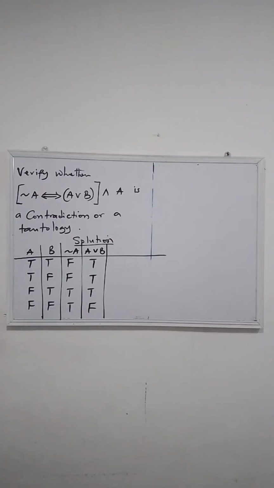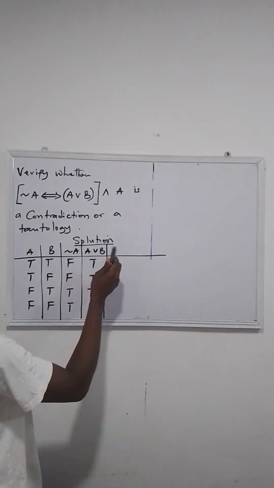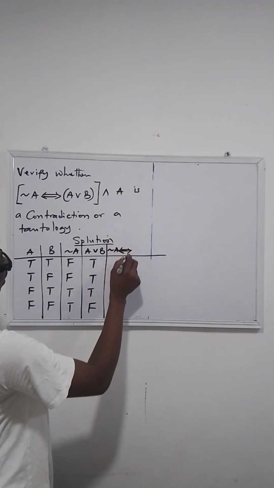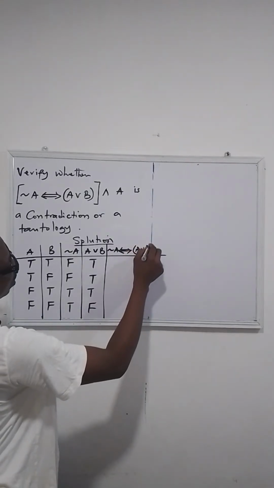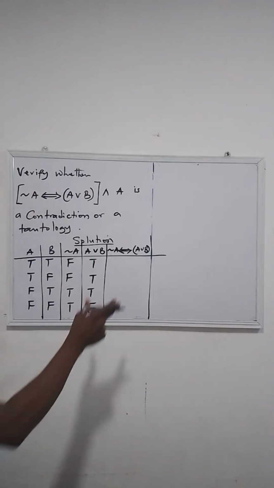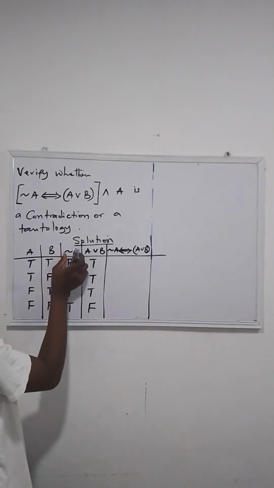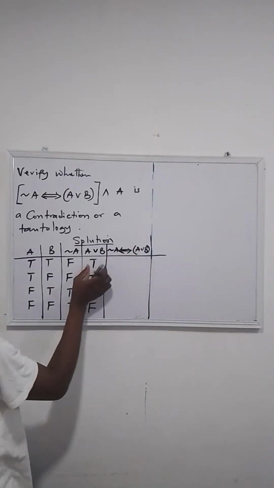Okay. So now the next thing is to combine this by conditional: negation of A by conditional A or B, right? Can you see that now? So the proposition determines what I have in my table. All right, so I have this for negation of A, and the A or B is here.